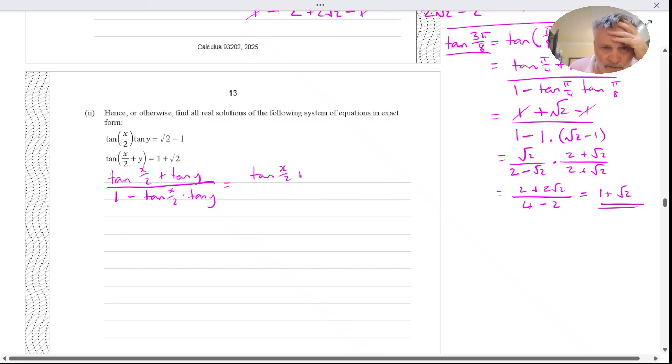We notice that tan x over 2 times tan y is what we've got in the first equation, so we can rewrite that as root 2 minus 1.